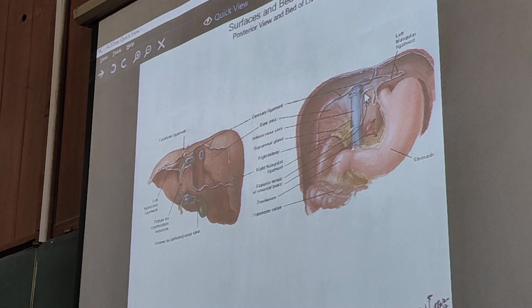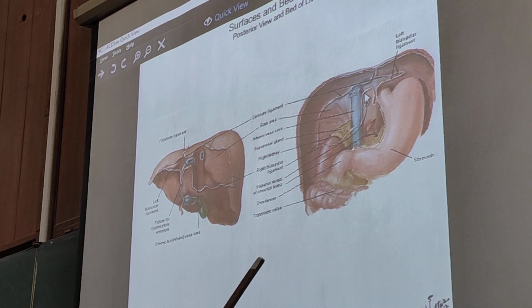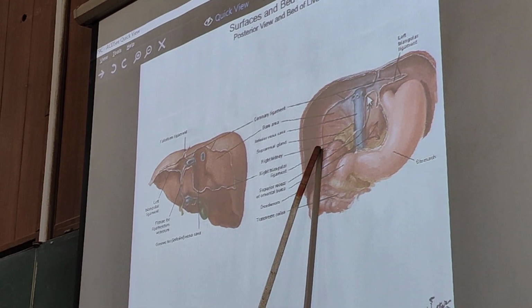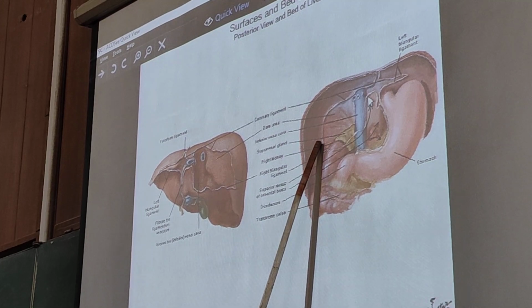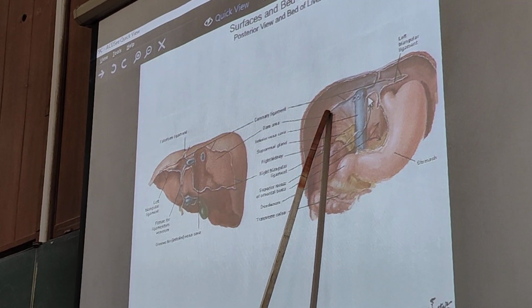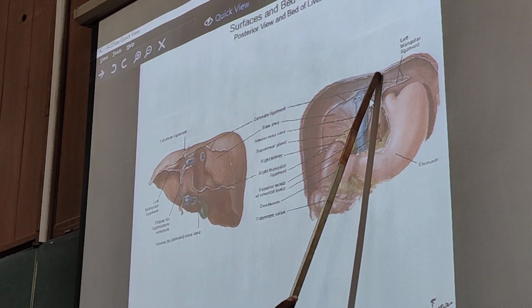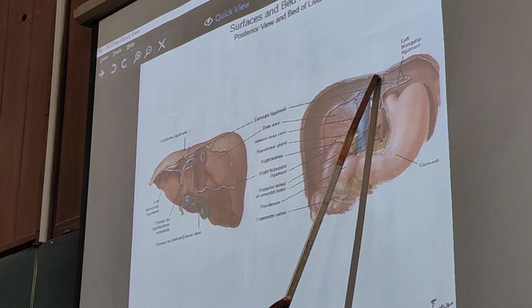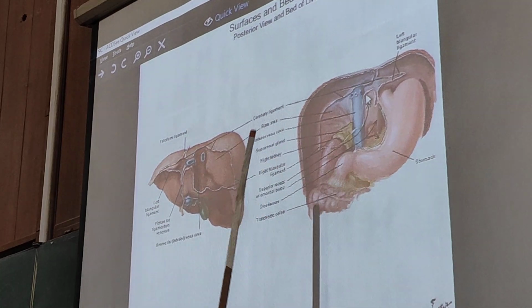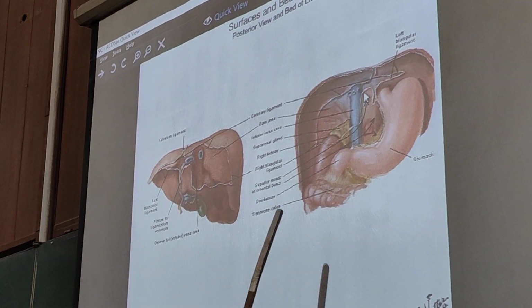Again, let me do a very quick review. From the right triangle, the superior coronary crosses the diaphragm, crosses the cava, and then joins to the right leaf of the falciform ligament.